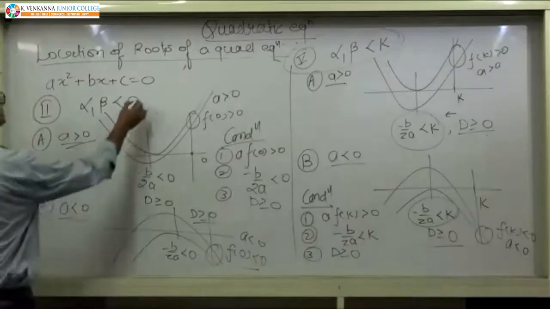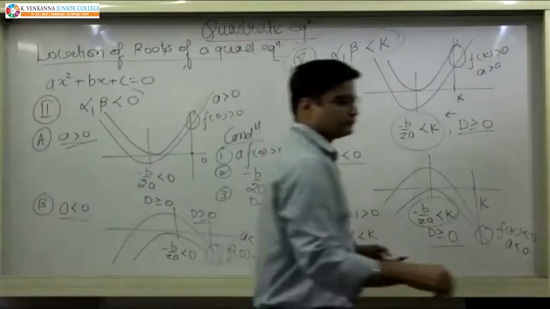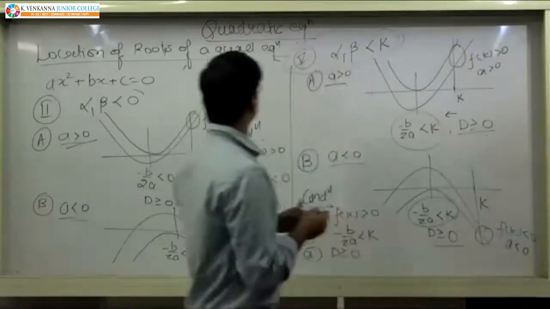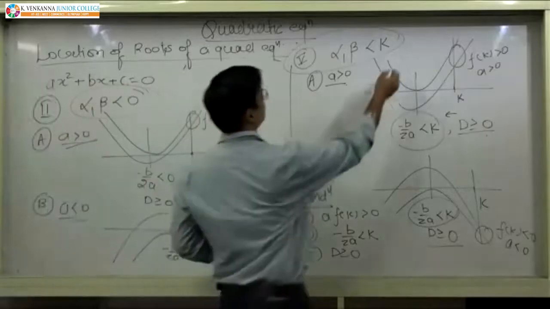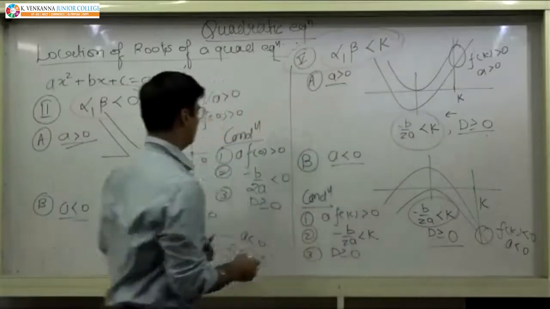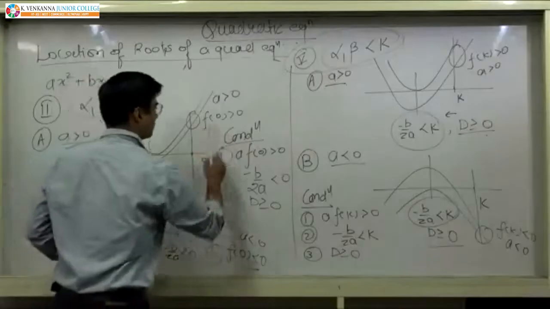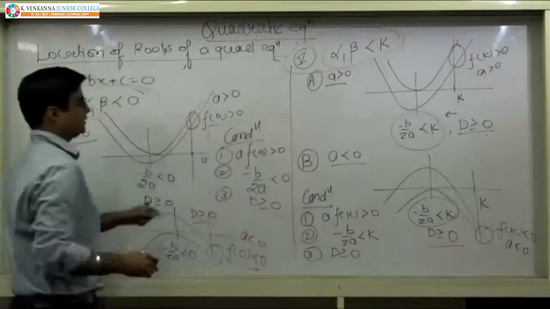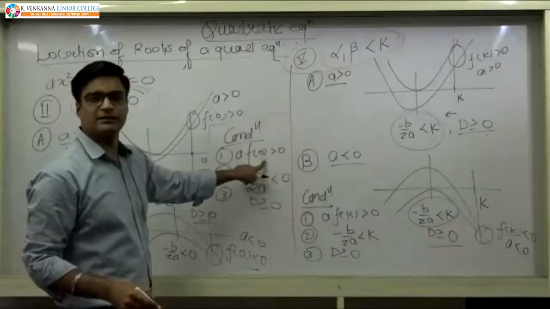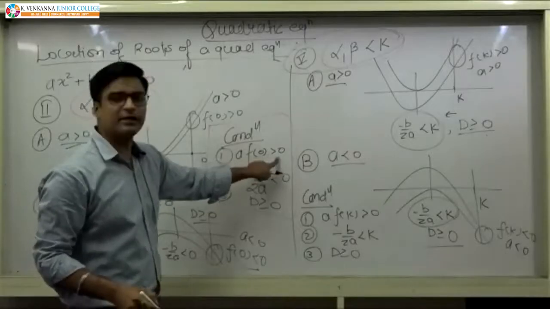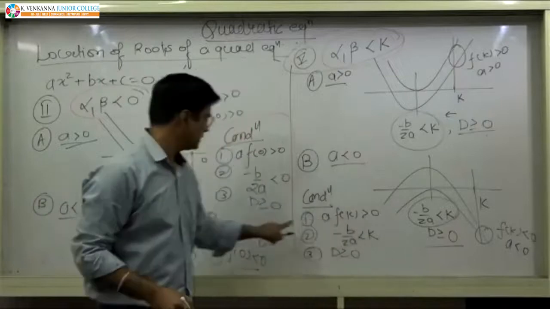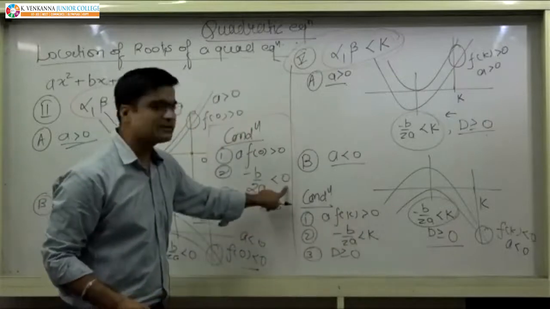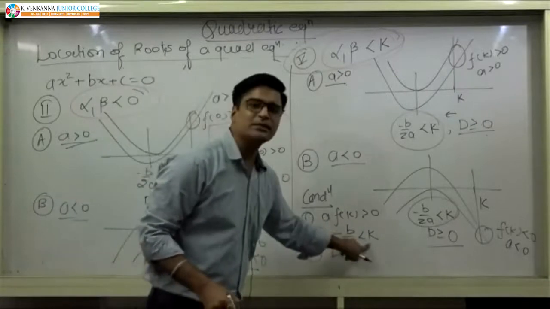Now compare this: alpha, beta lesser than 0 and alpha, beta lesser than k. The condition that we got is a times f of 0 is greater than 0. Here we are getting a times f of k is greater than 0. Minus b by 2a is lesser than 0, minus b by 2a is lesser than k.